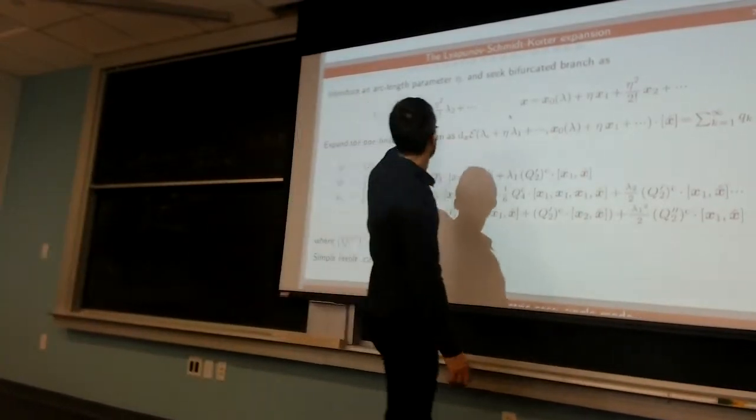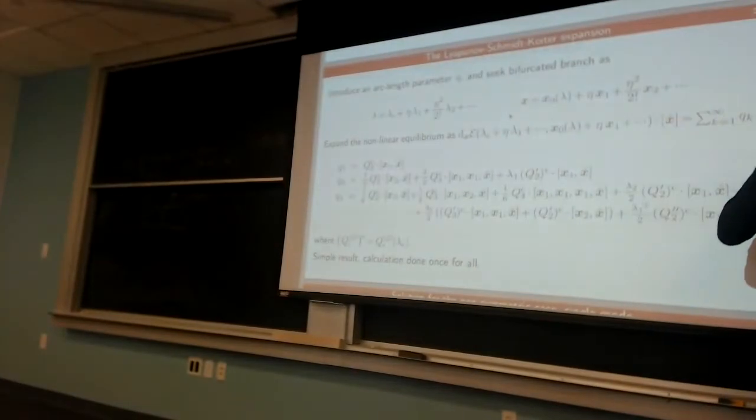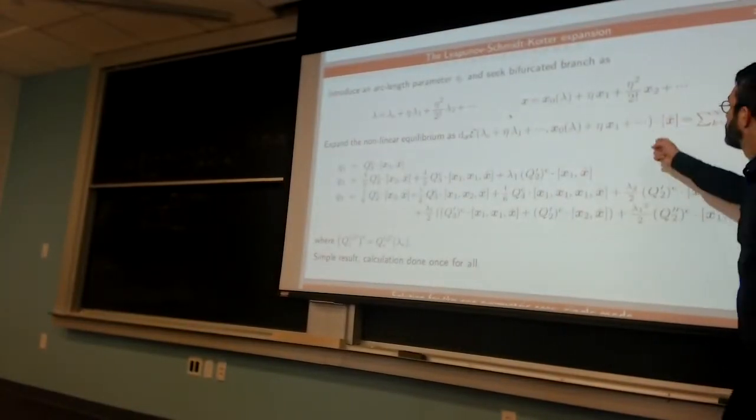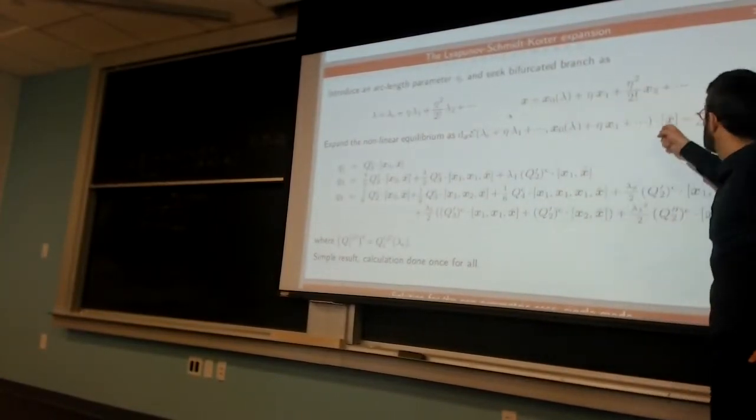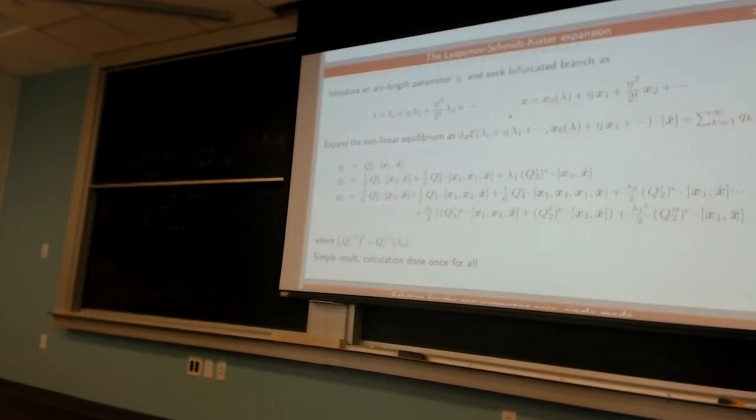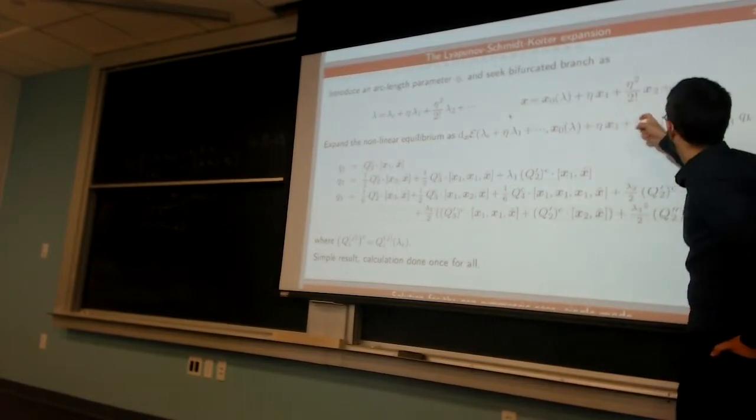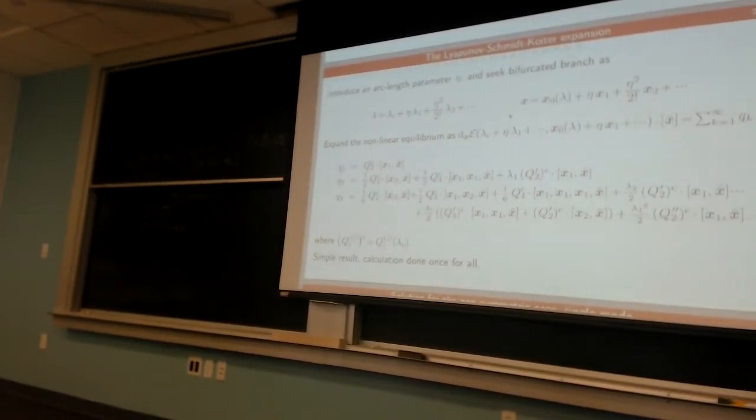And now we are just inserting these two expressions into the nonlinear equilibrium that uses this x hat as a virtual displacement, and you can even do that in the computer. It's just a matter of expanding and finding the various terms.